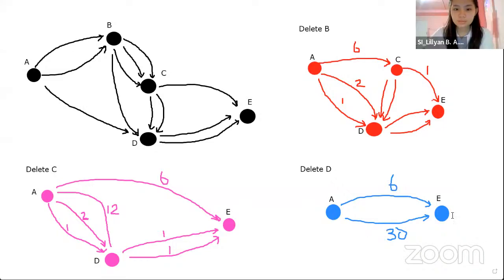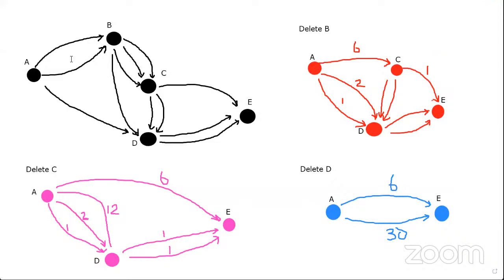How many ways from A to E? 36. Yeah. Okay, so from A to E, there are 36 ways.